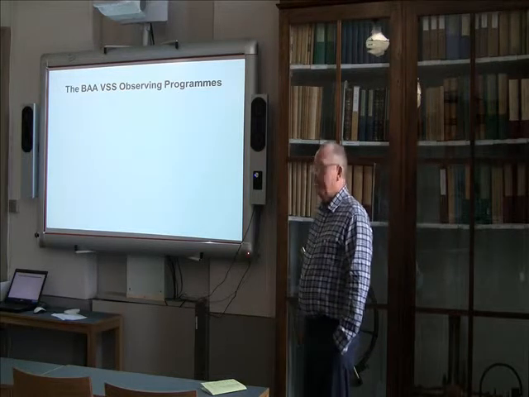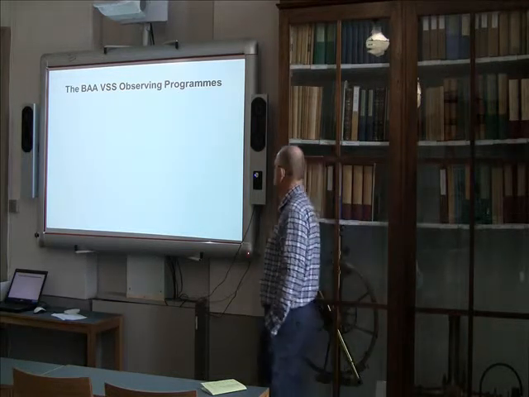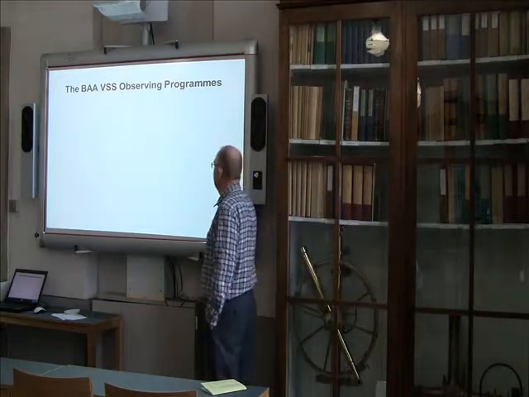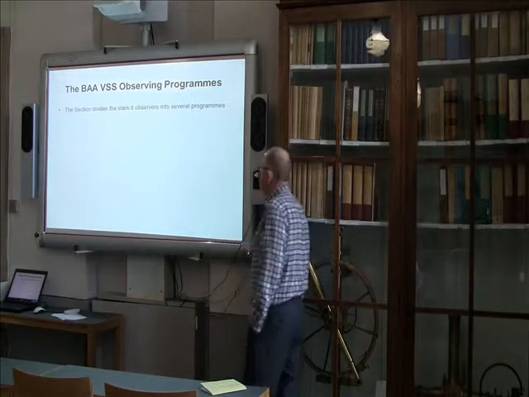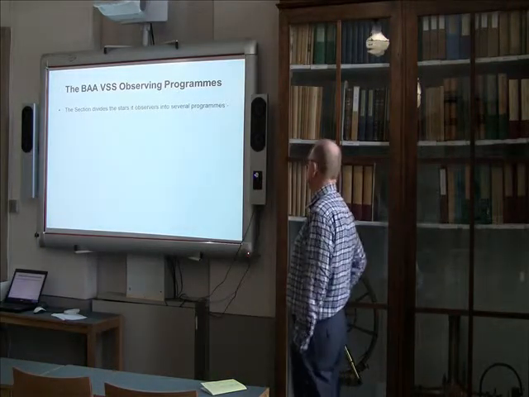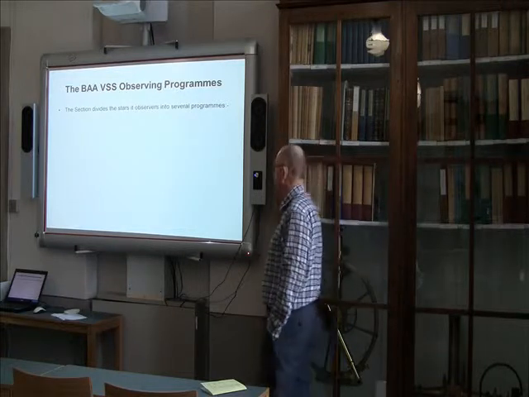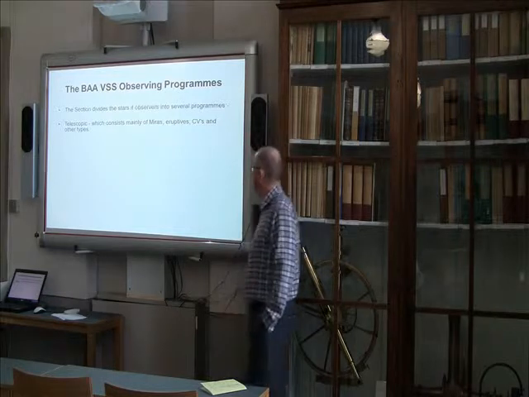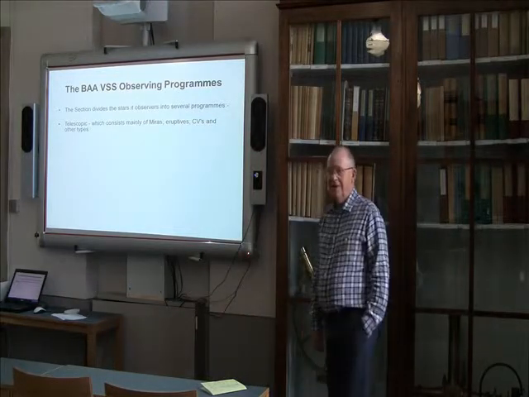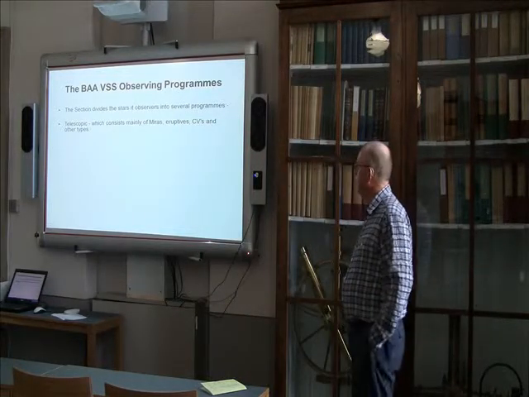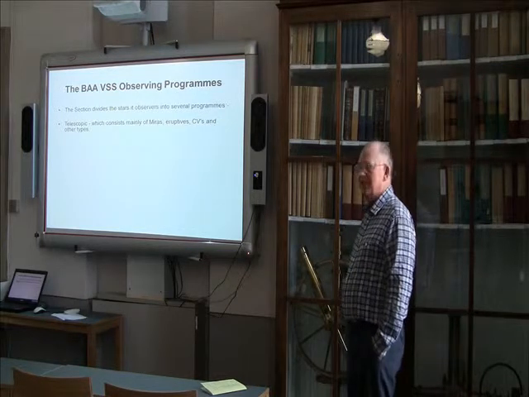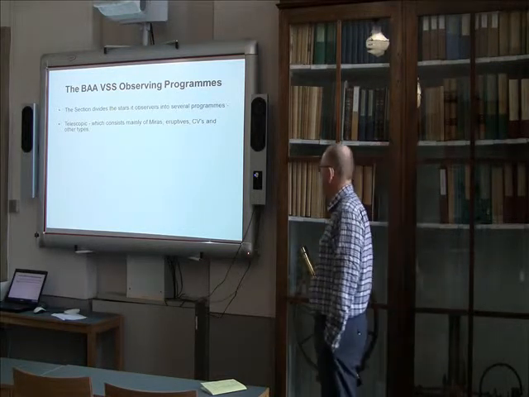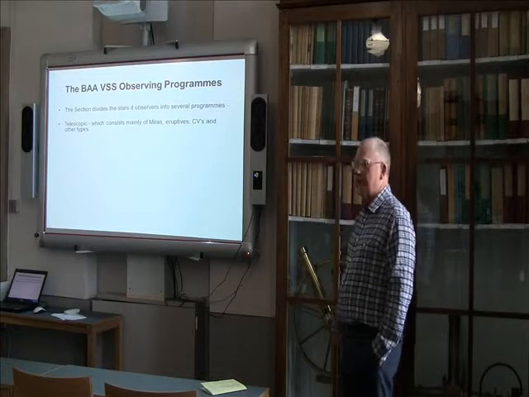The BAA VSS observing programs. The section divides the stars it observes into several programs. Telescopic, which consists of our old favourites, Miras, that can be predicted, eruptives, CVs and other types.